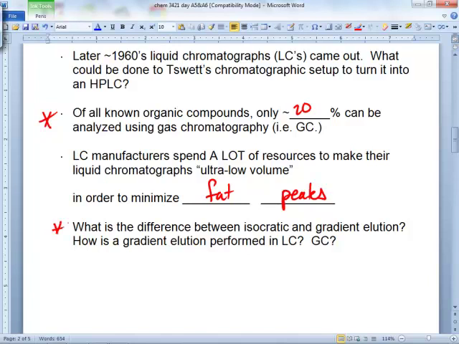So, what is the difference between isocratic and gradient? Doesn't matter whether you're talking about GC or LC. We can do these elutions. And when Mr. Sweat there was dumping petroleum ether up on top of his column, was he doing an isocratic or a gradient elution? Gradient. What's the difference?